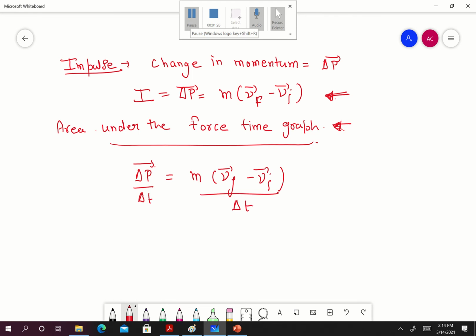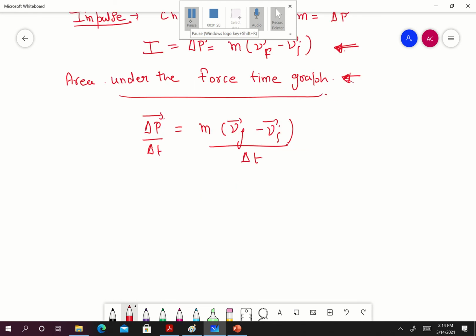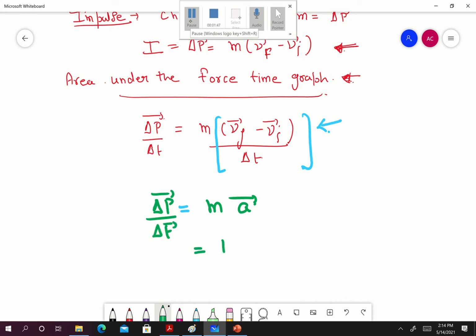If I look into this portion, this becomes change in velocity with respect to time, which is equal to mass times acceleration. So delta P divided by delta t is equal to F net average in this case.